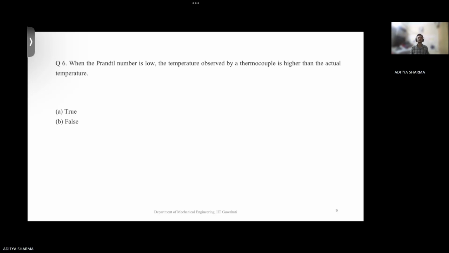So this is a good question. Please try to answer this. Based on your Prandtl number, the numerator is related to your friction, viscosity, and your denominator is related to your dissipation.